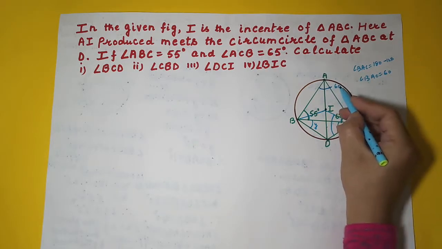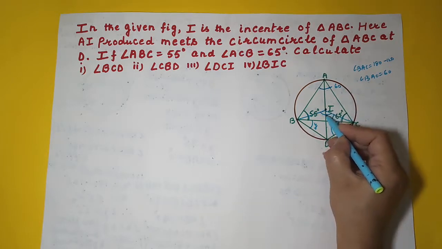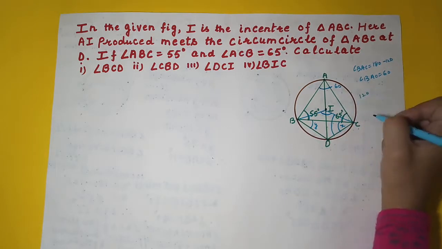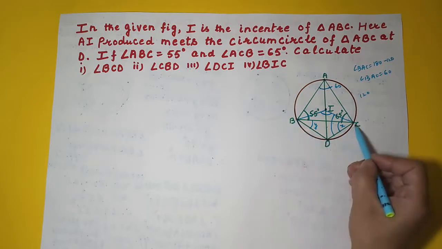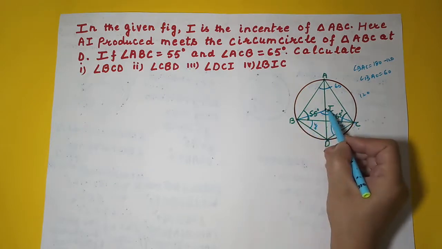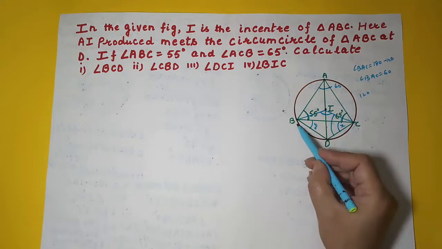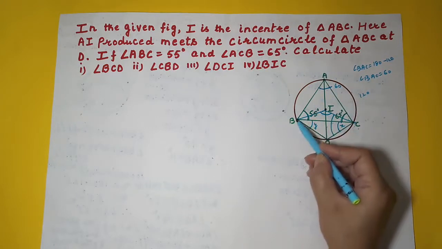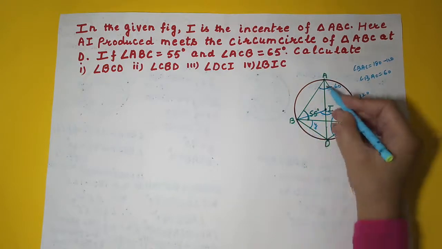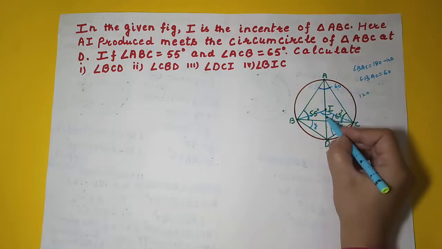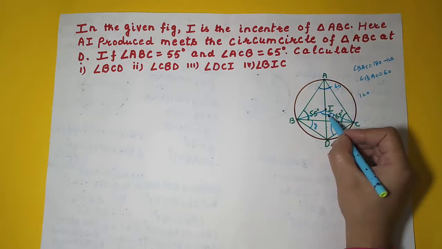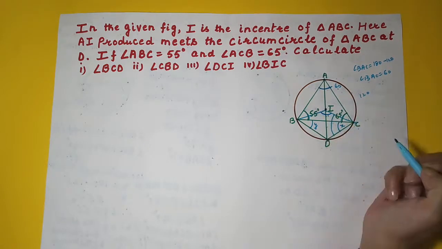If this angle is 60, we can say that angle BIC is 120. Why? Because arc BC subtends angle BIC at the center and angle BAC at the circumference. So if this is 60, this will be 120.